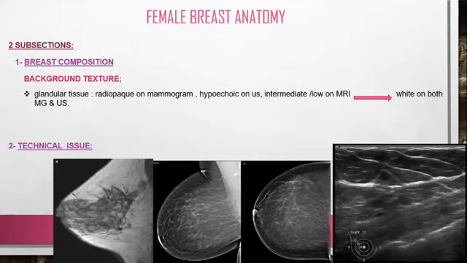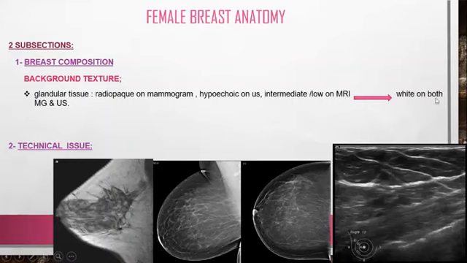The glandular tissue, to repeat, is radiopaque on mammography, hypoechoic on ultrasound, and intermediate to low on MRI, more or less iso to the muscles.